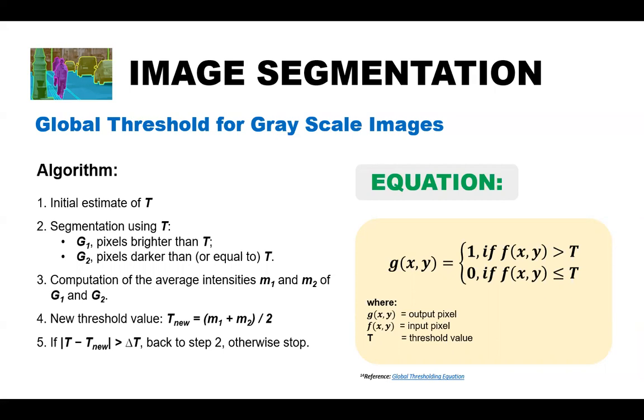So for global thresholding, our first example, we have here a threshold represented by T, and that is a constant, and it is applicable to the whole image. The initial estimate of the threshold is generated after the RGB image is converted to grayscale and then adjusted through contrast stretching. Each pixel is compared to the threshold value.